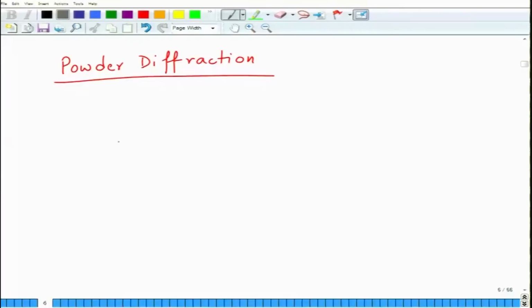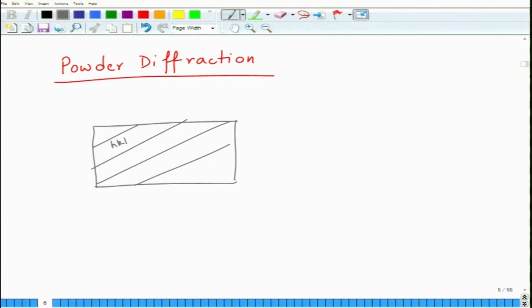So, as a result, if you just look at a macroscopic picture of powder, let us say you have a plane HKL. If this was a single crystal, then you will have only one set of HKL planes with respect to the incident radiation, and if that is not satisfying the Bragg's condition, you will not have any diffraction.